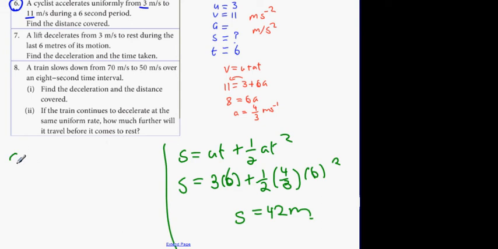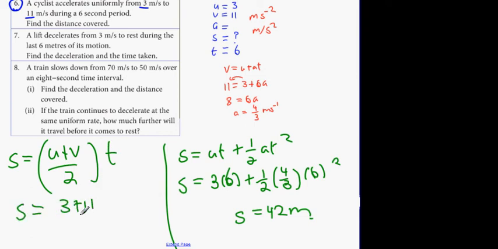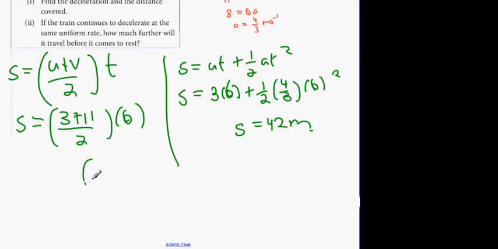You could have done S equals U plus V all over 2 times T, and this time it would have been 3 plus 11 over 2 times 6, and you'd get 14 over 2, which is 7 times 6, 42. Both answers very quick anyway, right? So that's another way of doing the same question.